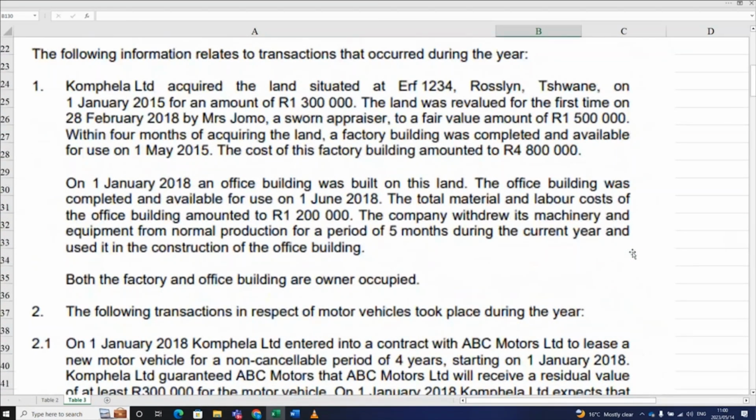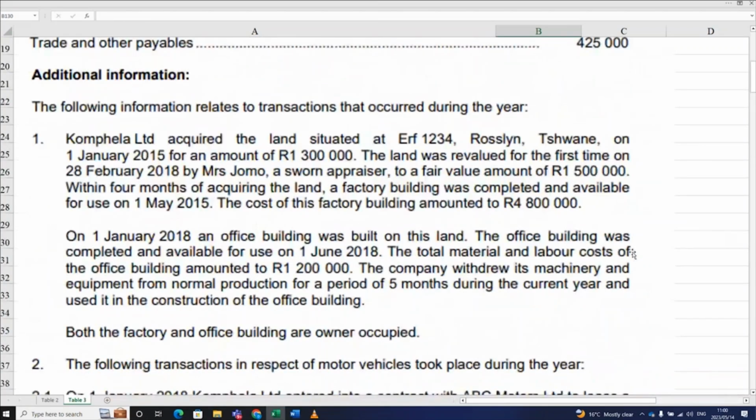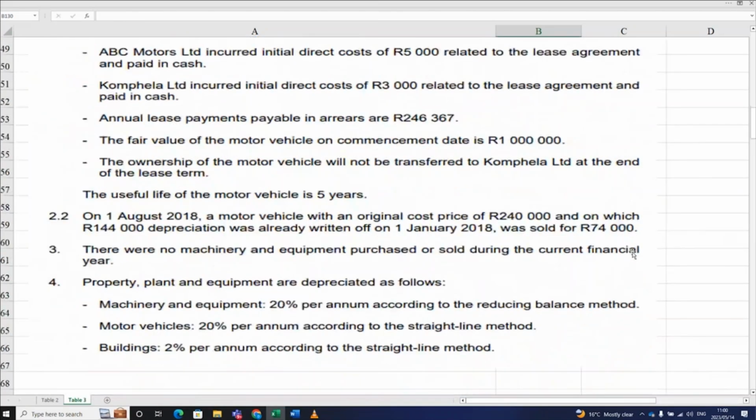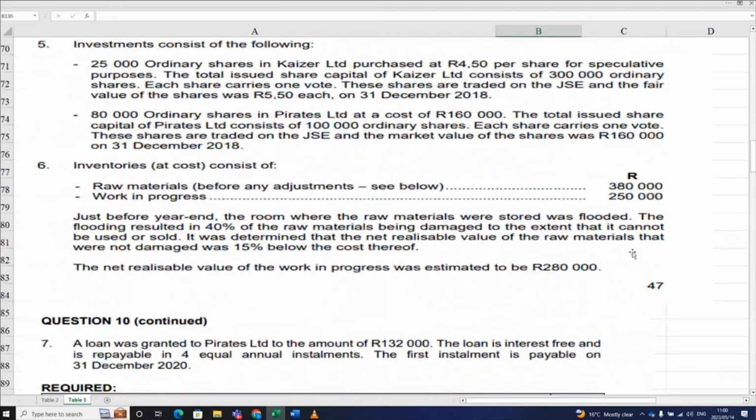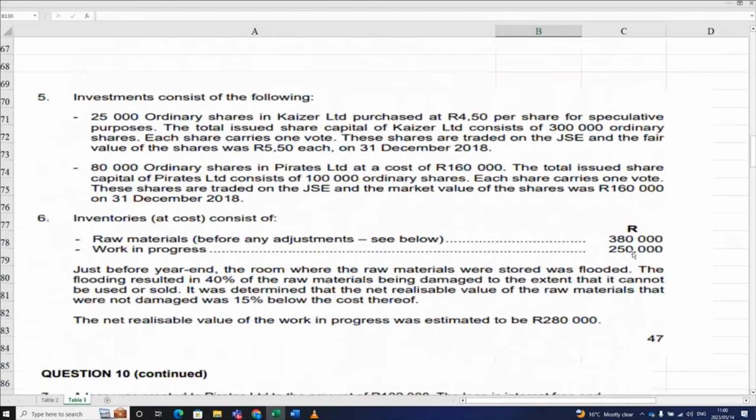Okay, so then already with these financial assets. This one, the ordinary shares in Kaizer Chiefs, they say that these shares are traded on the JSE at the fair value of R5.50 per share, and we have 25,000 shares.